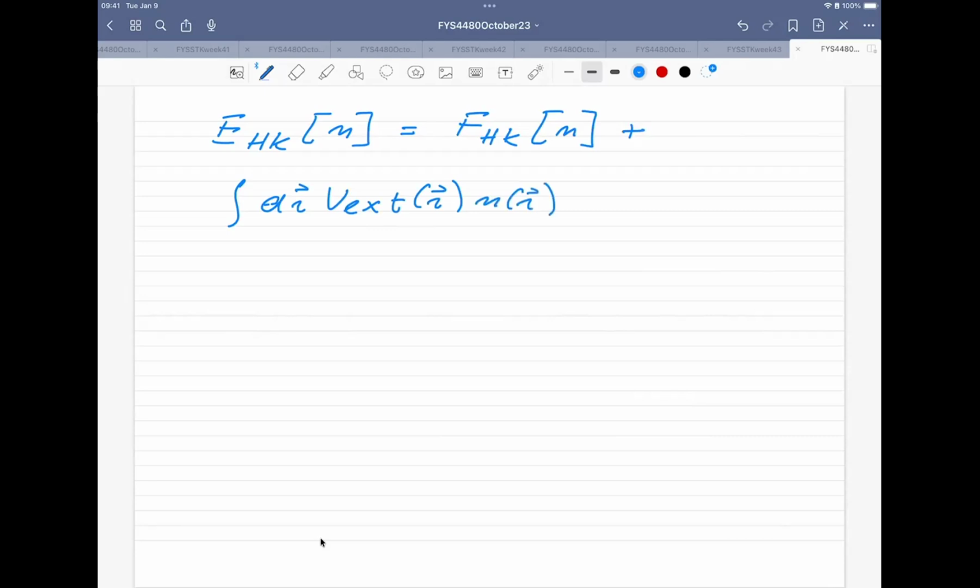And then we include a term here which we call the exchange correlation, which also depends on the energy here.